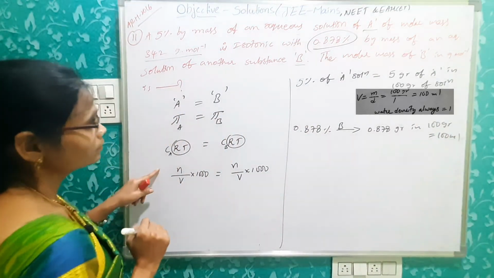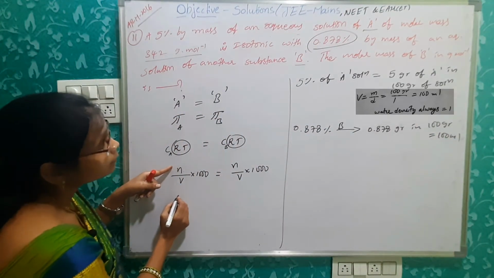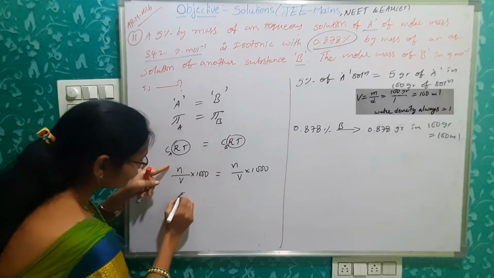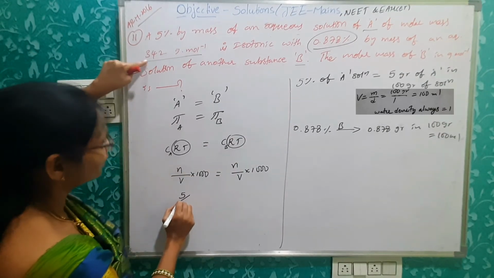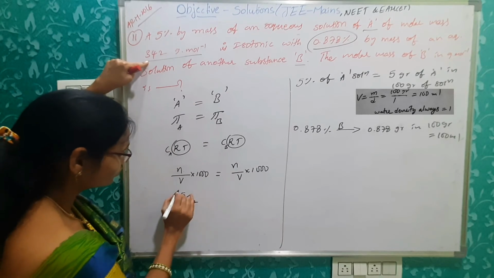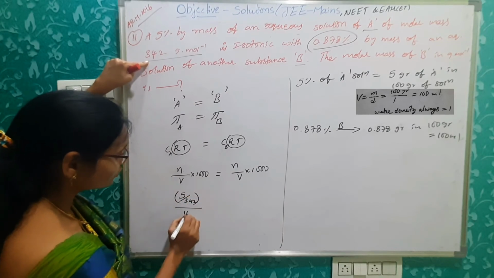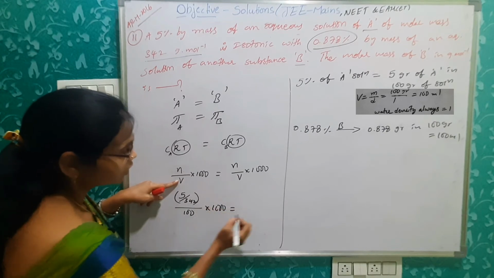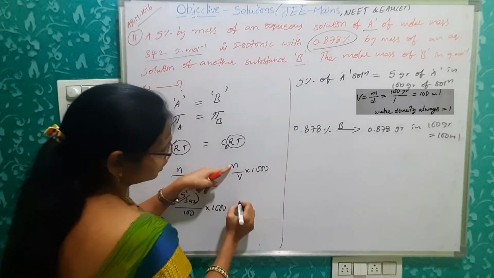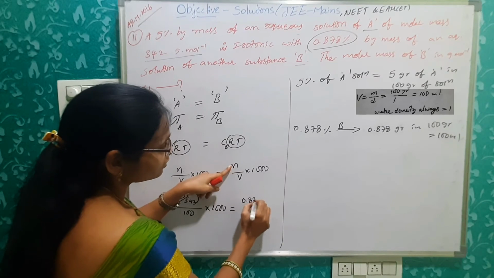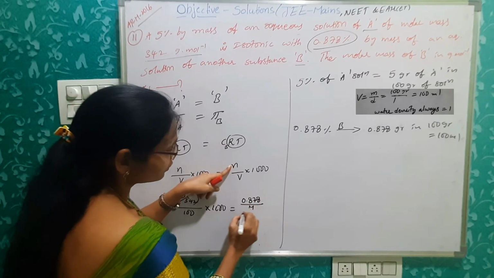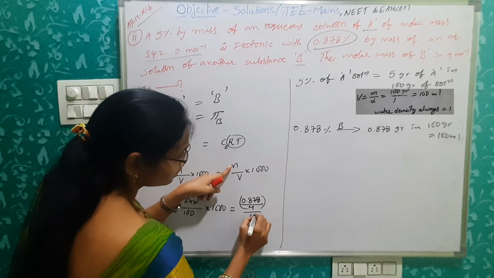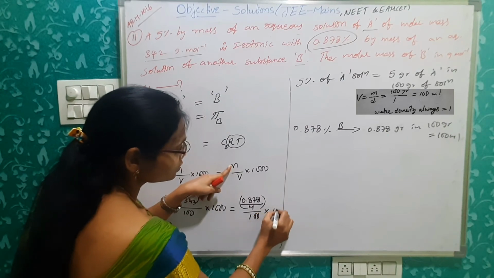Okay. So simply, for compound A, weight 5 grams by gram molecular weight, given as 342, by the volume of solution 100 ml into 1000, is equal to, here also the same, weight 0.878, and the molecular weight we have to calculate, by 100 into 1000.